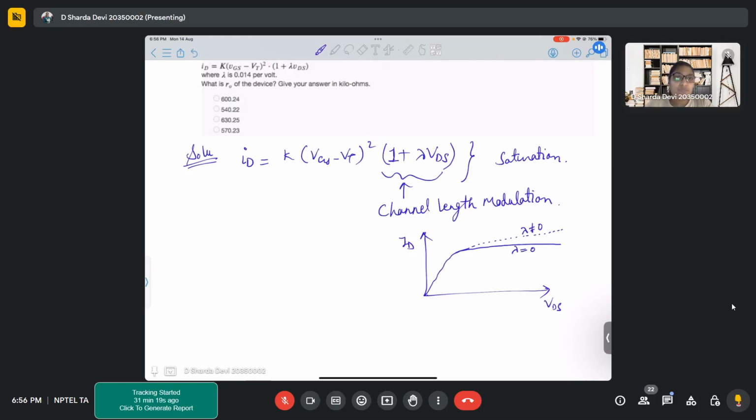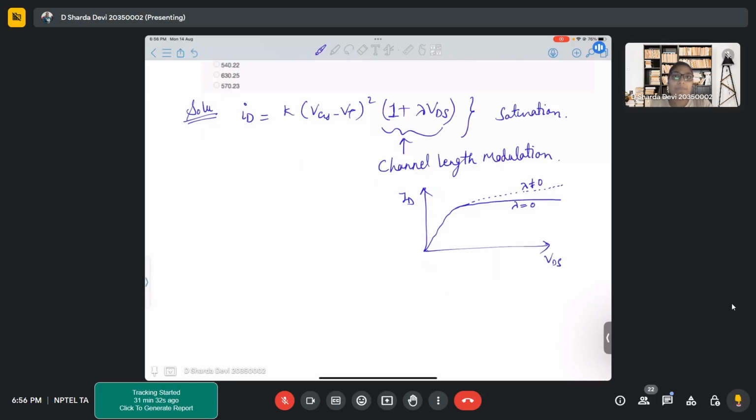Because of this, your saturation current, which was independent of VDS, the output voltage, in larger transistors, now starts seeing a dependence on VDS.